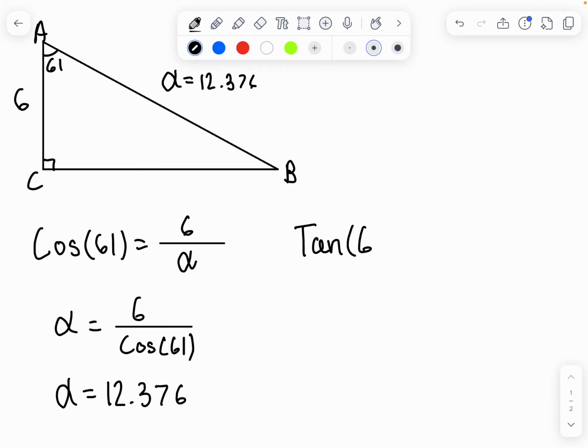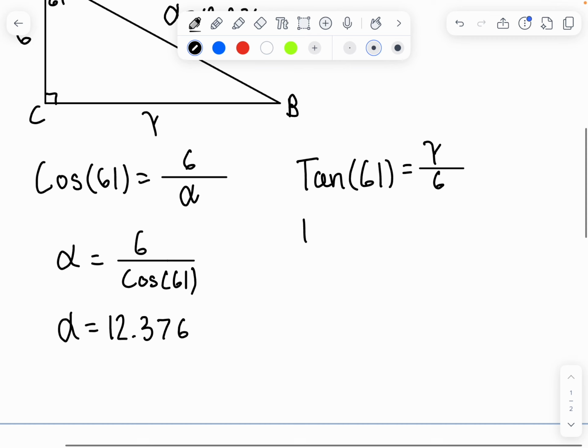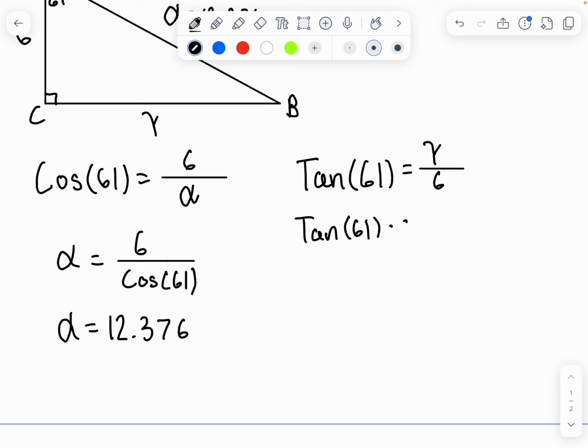So tangent of 61 is equal to, let's say this is equal to gamma, so this is equal to gamma over 6. And then tangent of 61 times 6 equals gamma.